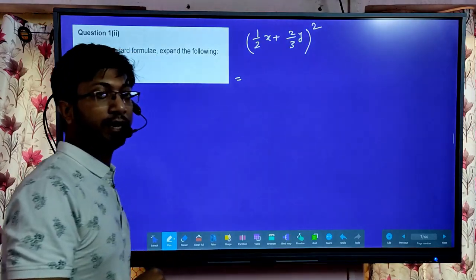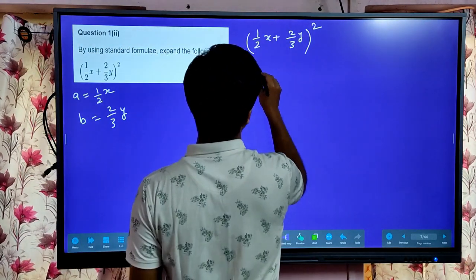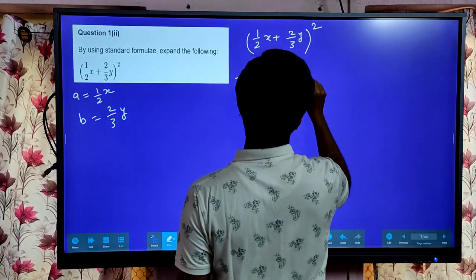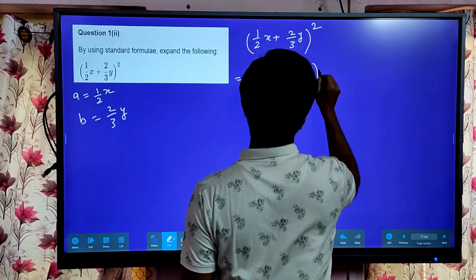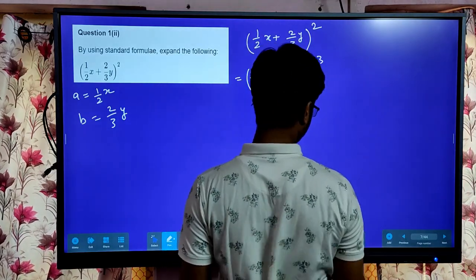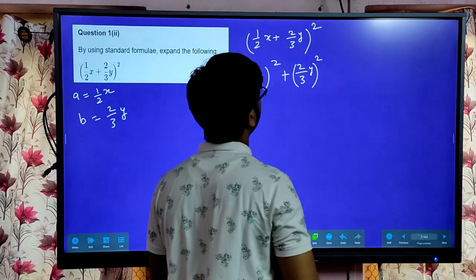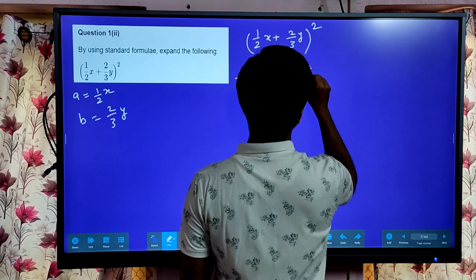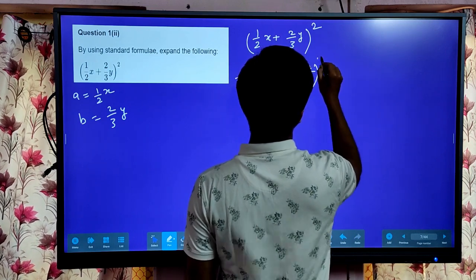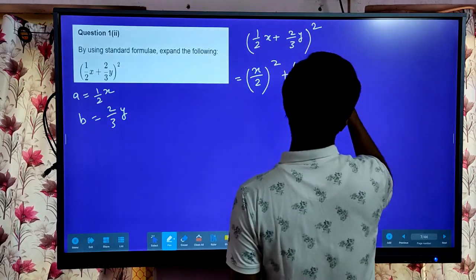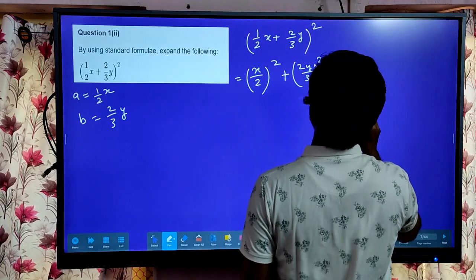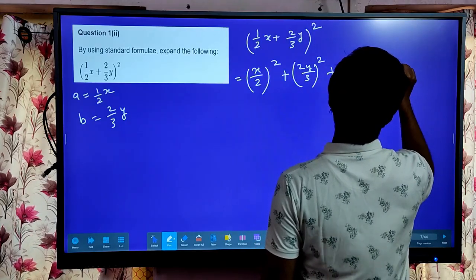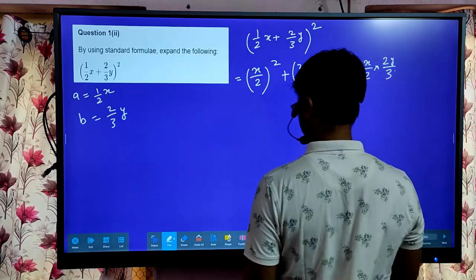Half x means basically x by 2, so it will be (x by 2) whole square plus b square. So we can write this as (2y by 3) square, this is b square, plus 2ab. 2 into a is x by 2, b is 2y by 3.